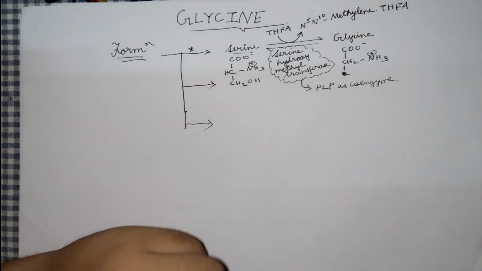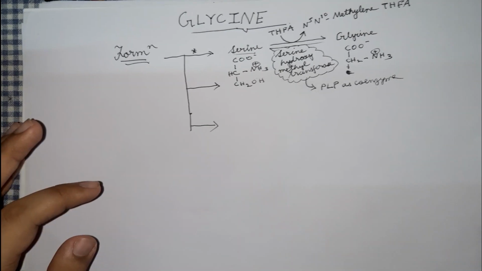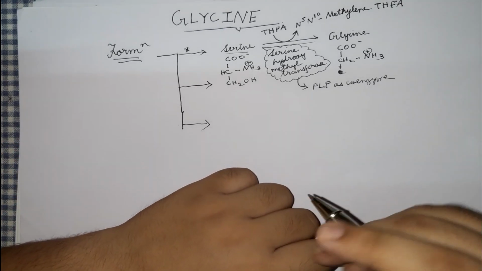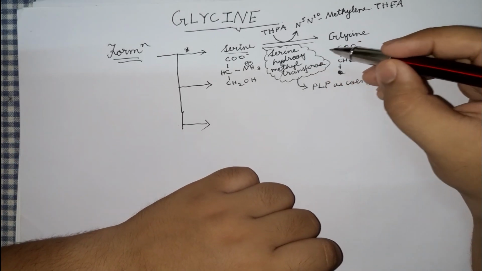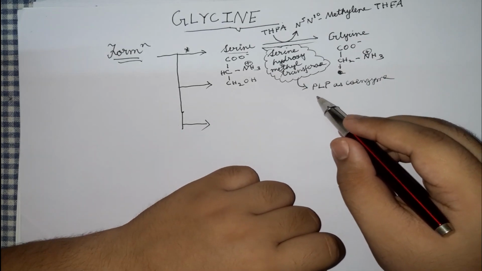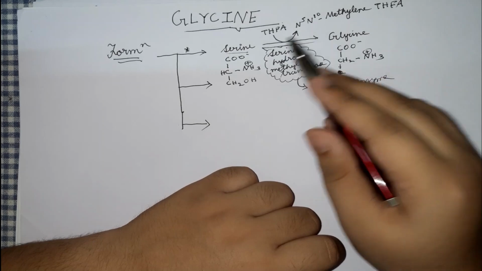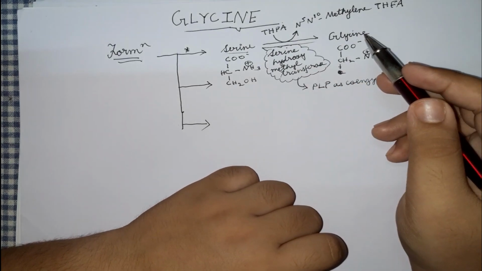There also PLP was used as a coenzyme. So here also, this enzyme serine hydroxymethyl transferase uses PLP as a coenzyme. So this is the first reaction where glycine is formed from the amino acid serine. All right.